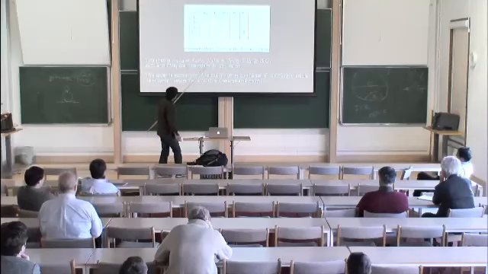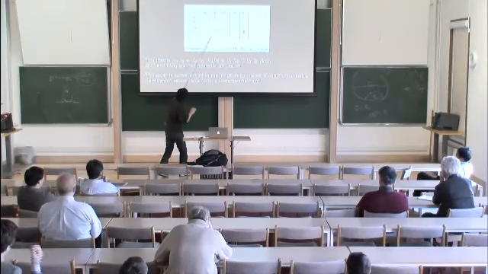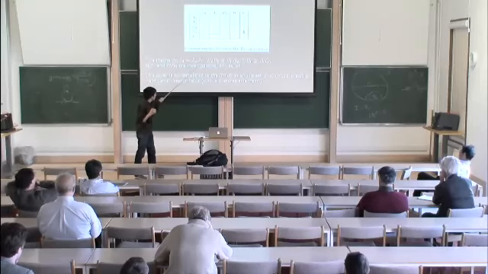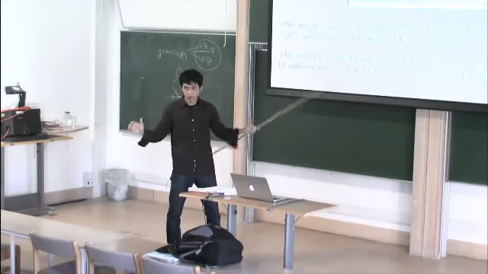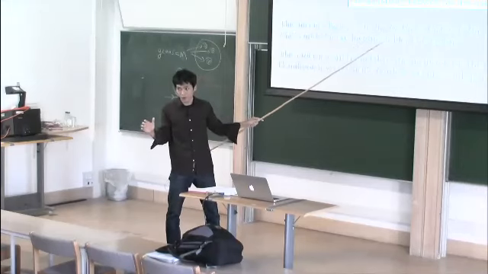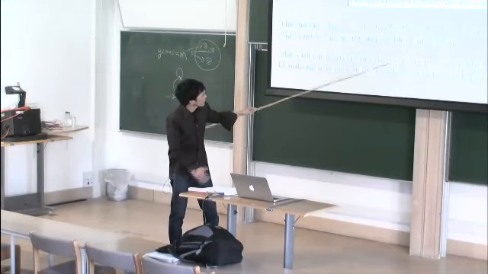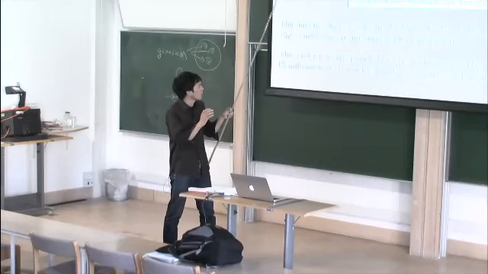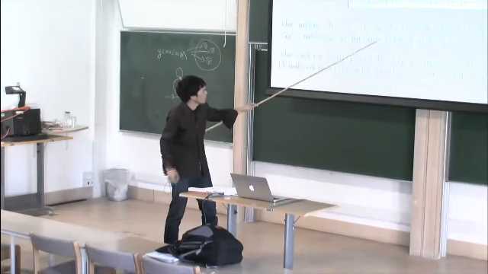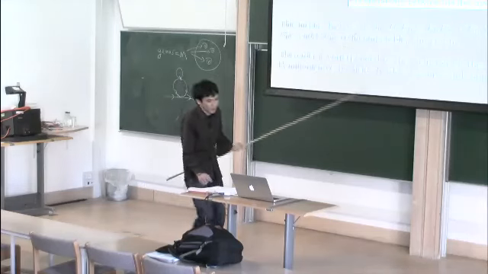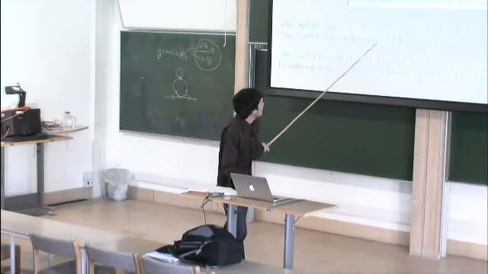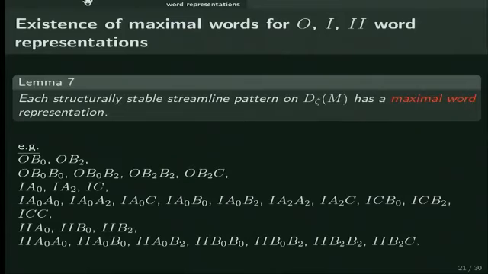So we can consider many words, but some words represent very big structures of Hamiltonian vector fields, but some words have very few representations. Anyway, there's good news.